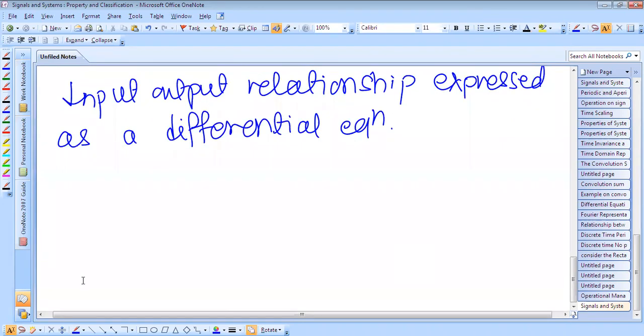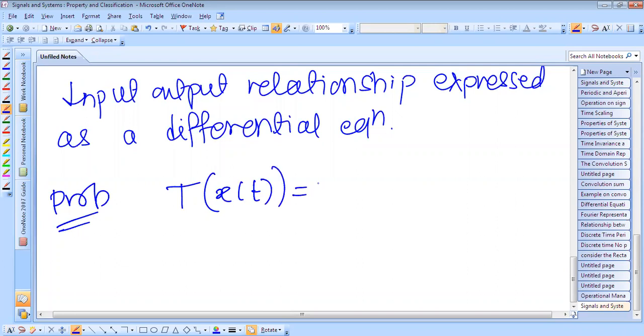So suppose an example is given to you. Suppose the problem is like this: T of x of t is equal to x of t into cos of 2 pi fc t.